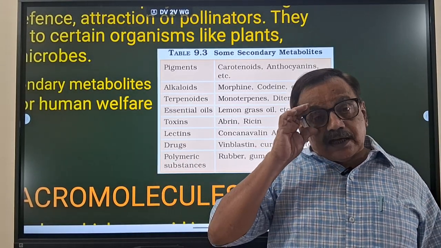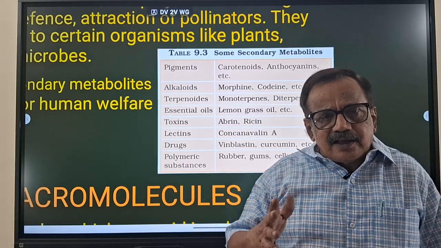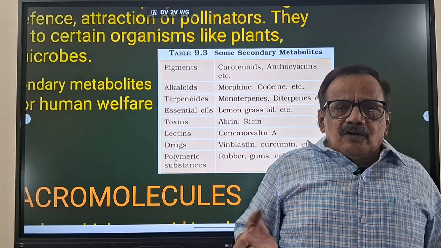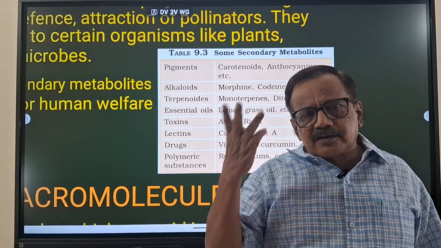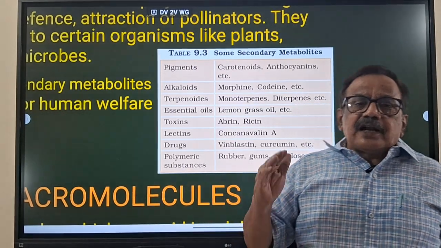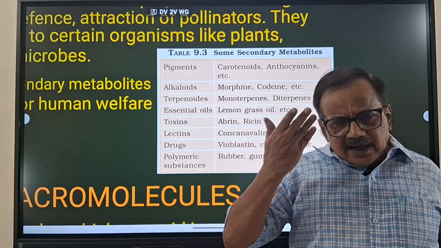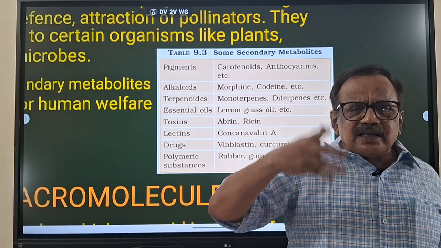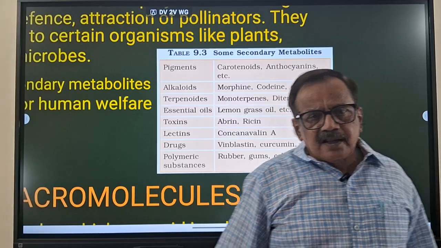Secondary metabolites do not participate in the fundamental activities of the life form. What are they? Growth, development, reproduction. Secondary metabolites do not participate in that. The ones participating are the primary. Primary are what? Amino acids, nucleotides, sugars, and whatever is participating, all will come under primary.